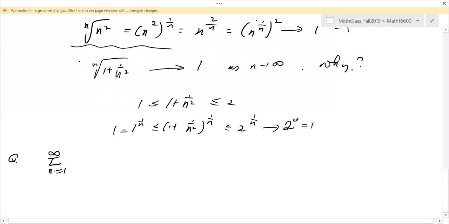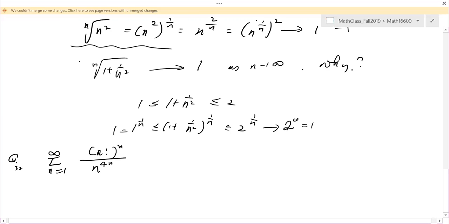Let's look at the problems from the book. This is problem number 32. It's going to be n factorial to the nth power over n to the 4th.